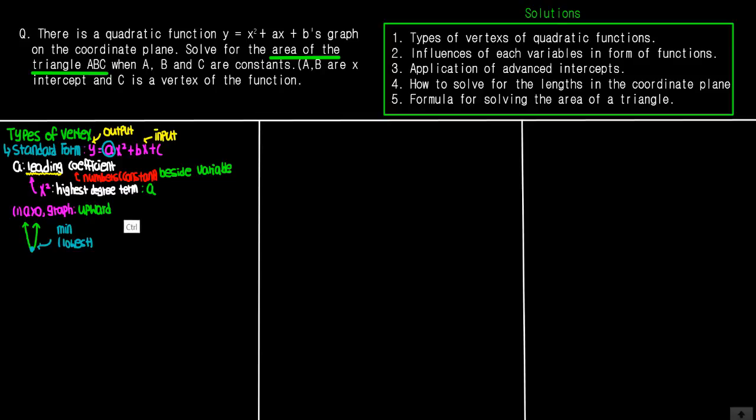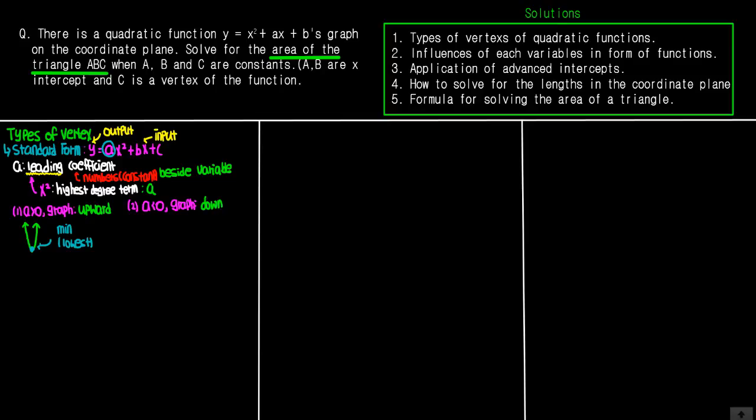Now let's think about the second case in our quadratic function. The second case is when our a value is less than 0, which means when our leading coefficient is a negative value, the graph of our quadratic function opens, or goes, downward, unlike the first one.